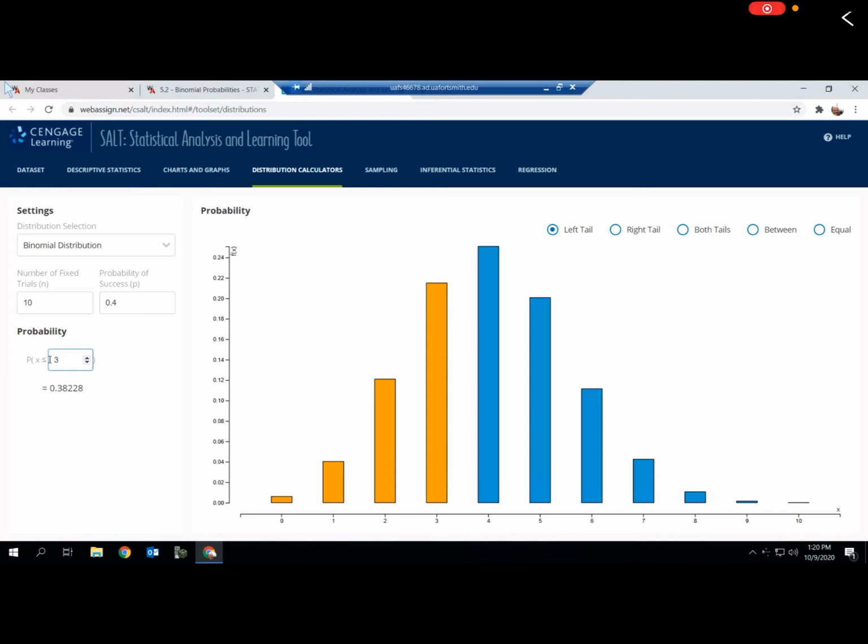And that carries a probability. Noticing that those bar graphs that are orange, if you were to smash all these together, you'd have a histogram, but only the ones highlighted in orange are 3 or lower. So that's fewer than 4. 0.382.